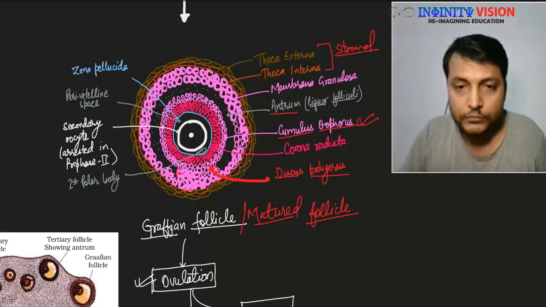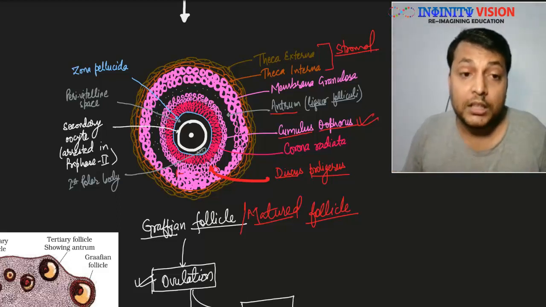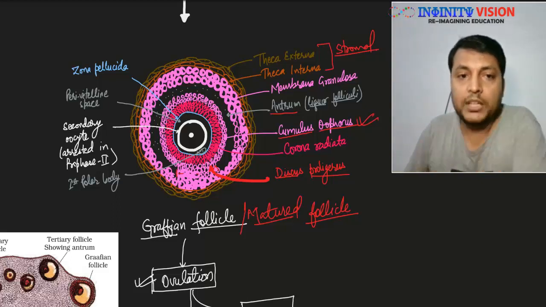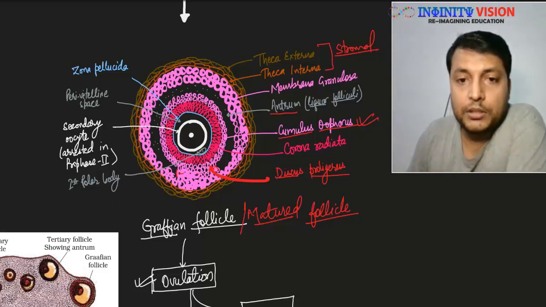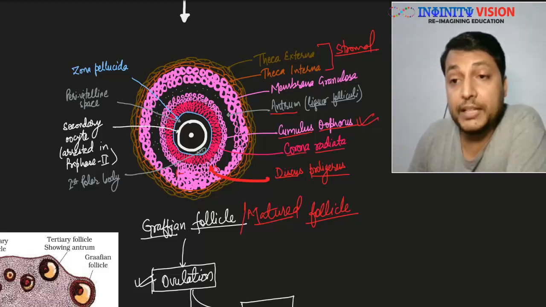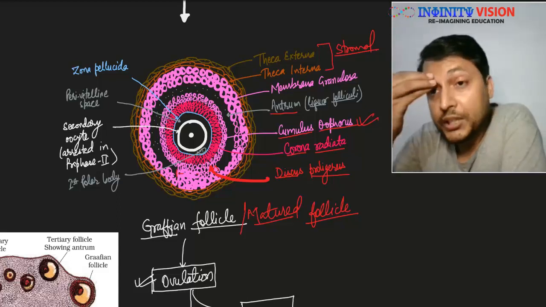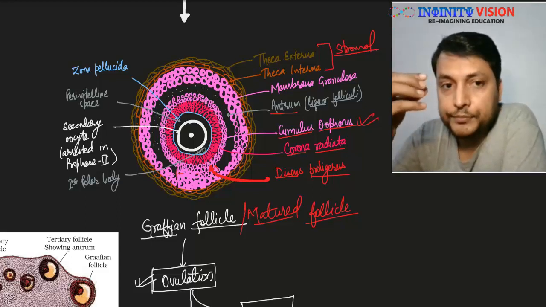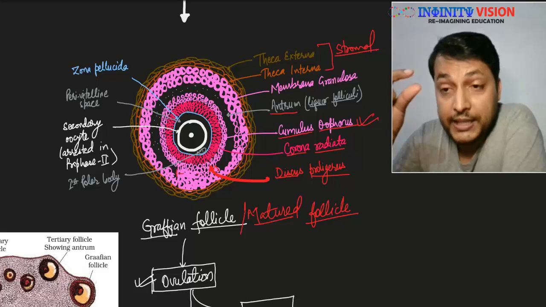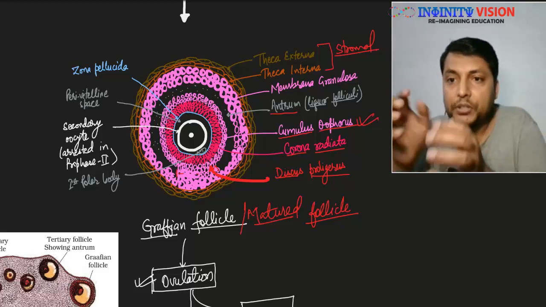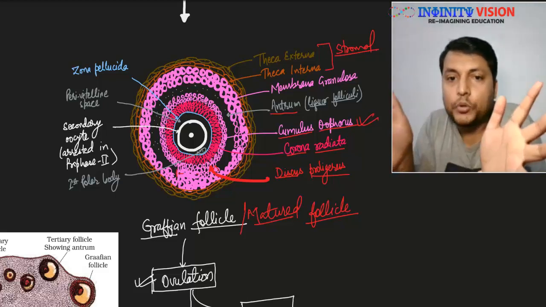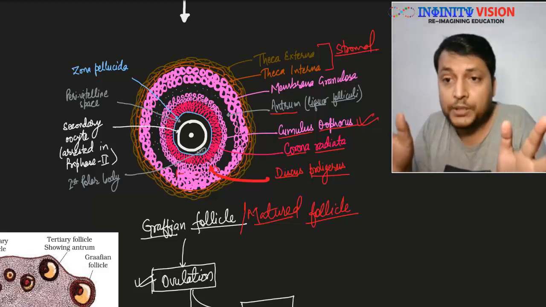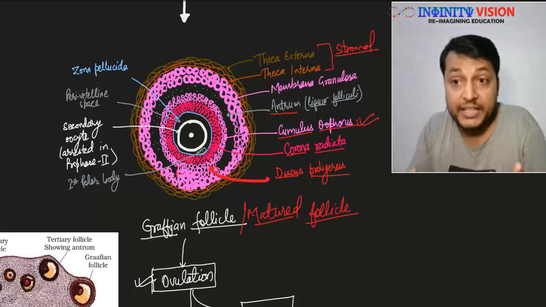Once you see inner to the cumulus oophorus, what you find is the corona radiata. Corona radiata is made up of long columnar cells which appear to radiate outside, and they look like a crown, hence the name.